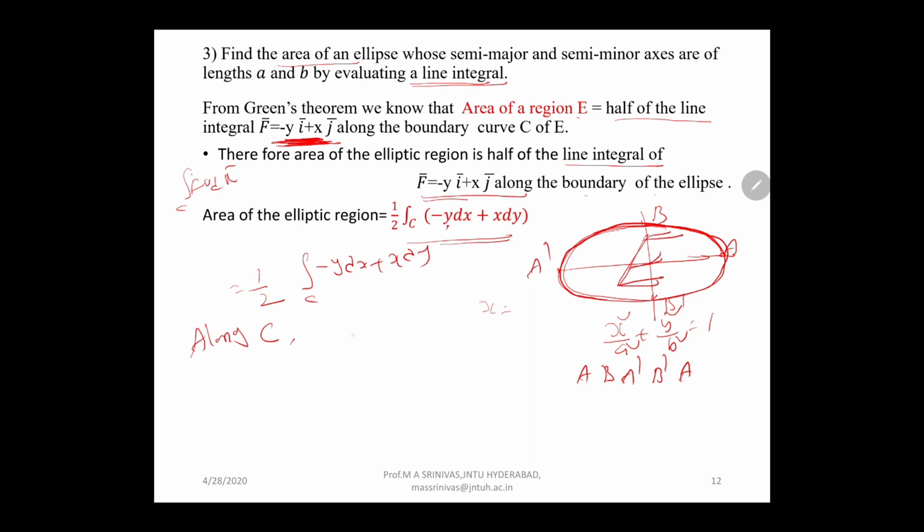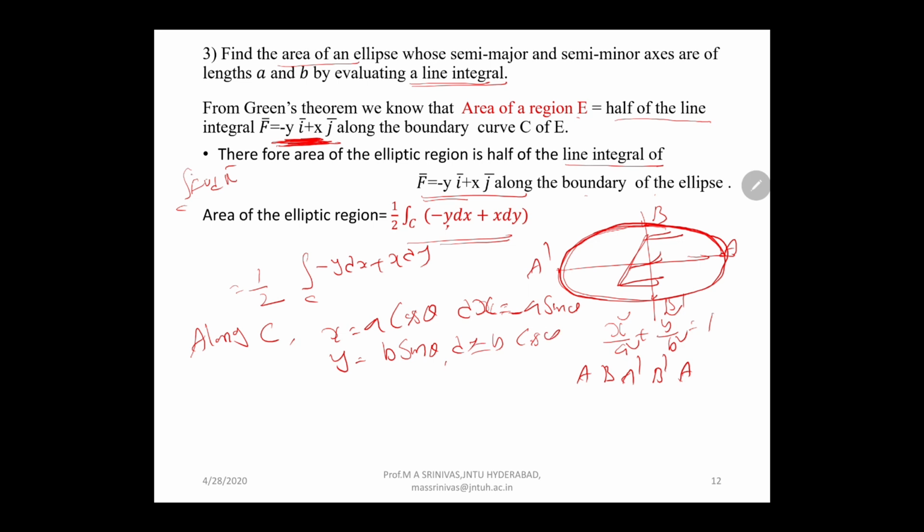Along C, x is a cos theta, y is b sin theta. When x is a cos theta, dx is minus a sin theta d theta, and dy is b cos theta d theta.